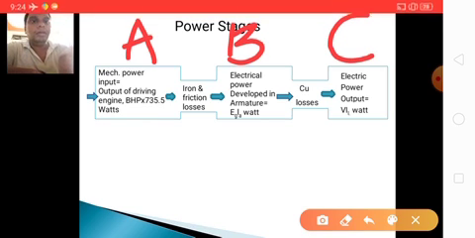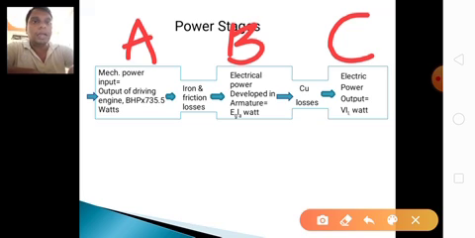First we calculate the mechanical efficiency. For mechanical efficiency, the input power is mechanical power and the output power is electrical power.